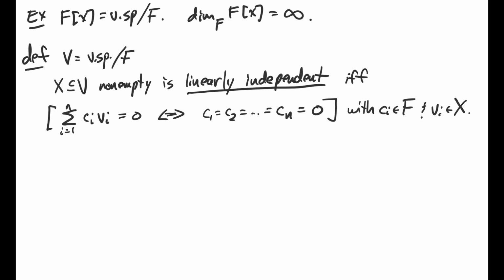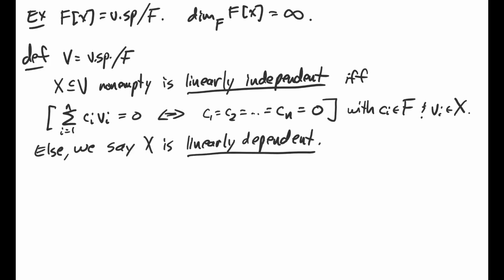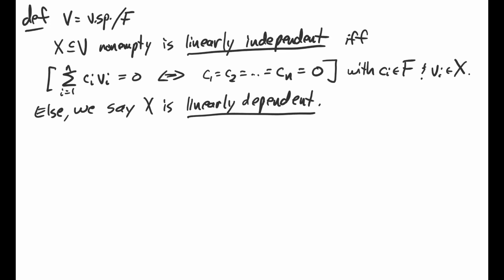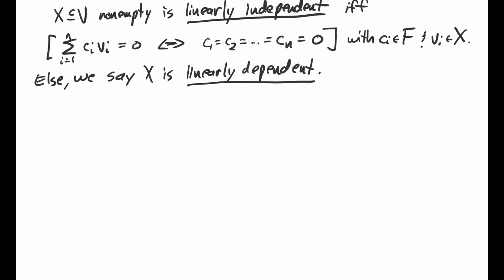It's only possible to add up a linear combination of elements in X and get 0 when you actually started with 0 coefficients. So, in other words, the sum of Ci Vi can be 0 if and only if all the Ci's are already 0. When that happens, the set X is called linearly independent. Otherwise, of course, we'll say that the set X is linearly dependent.